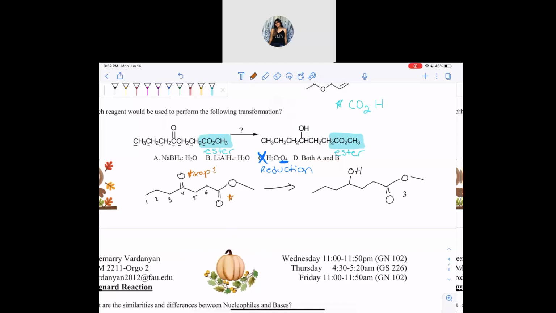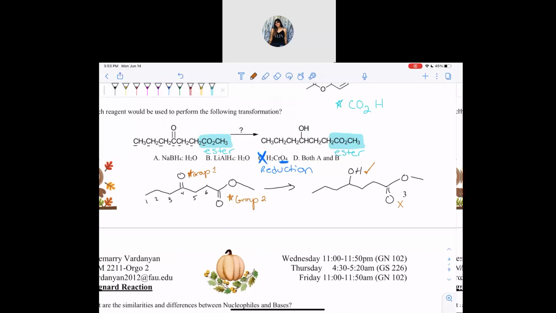And ester is same or different group? Yeah, it's group 2. So we know that group 1 was transformed, and we know that group 2 was not. And we know that group 1 is more reactive, and we know that group 2 is less reactive.